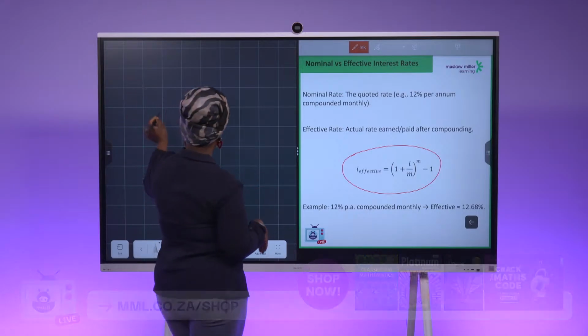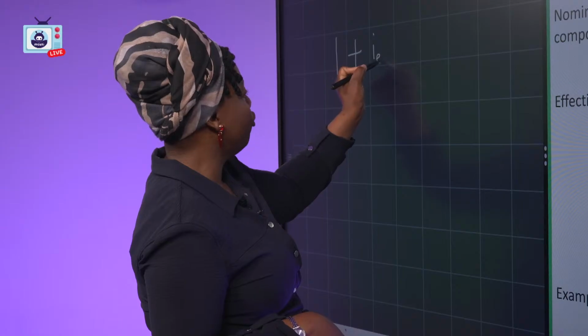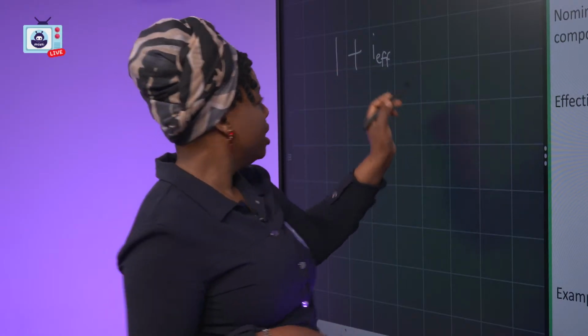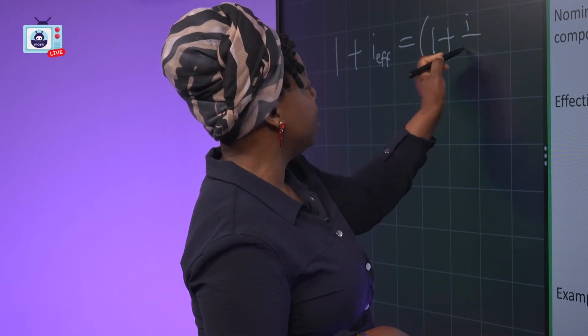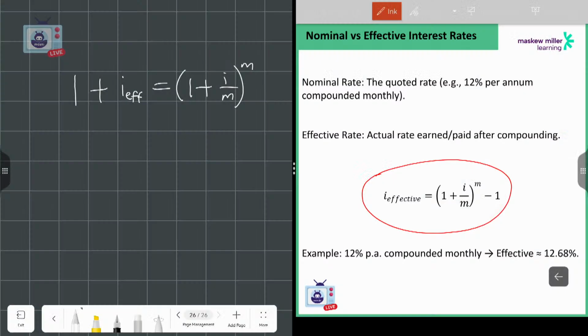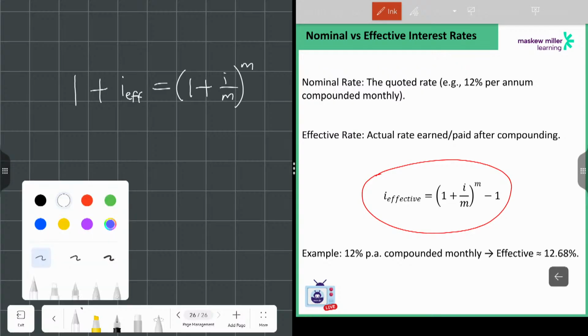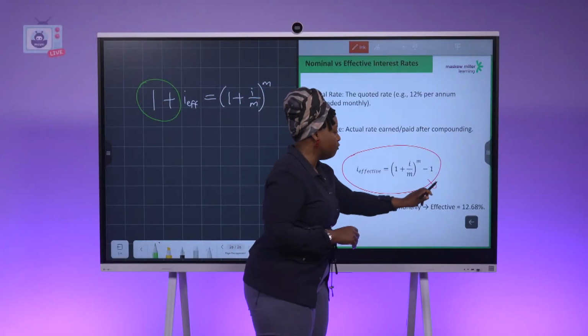You see it as 1 plus i effective equals (1 plus i divided by m) to the exponent m. That is the same, because to end up there we just take the 1 from our left and move it to the right, subtracting that 1 on both sides. That's why we ended up with the 1 in this format, right?